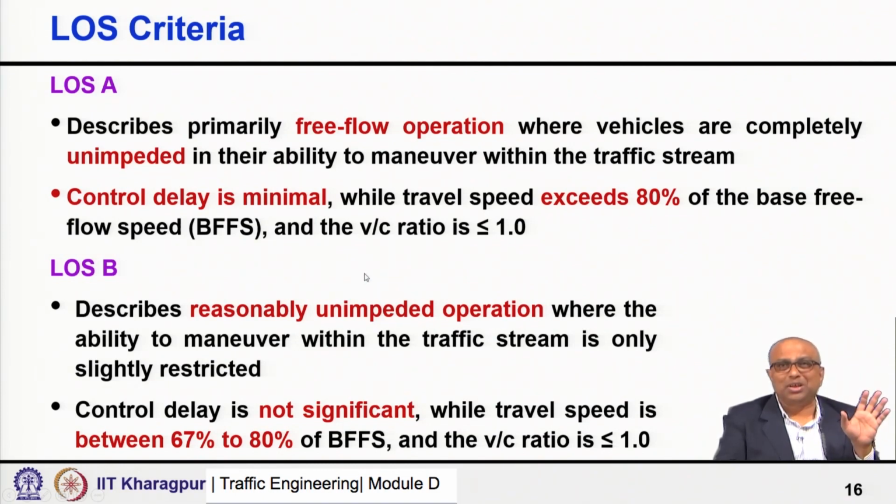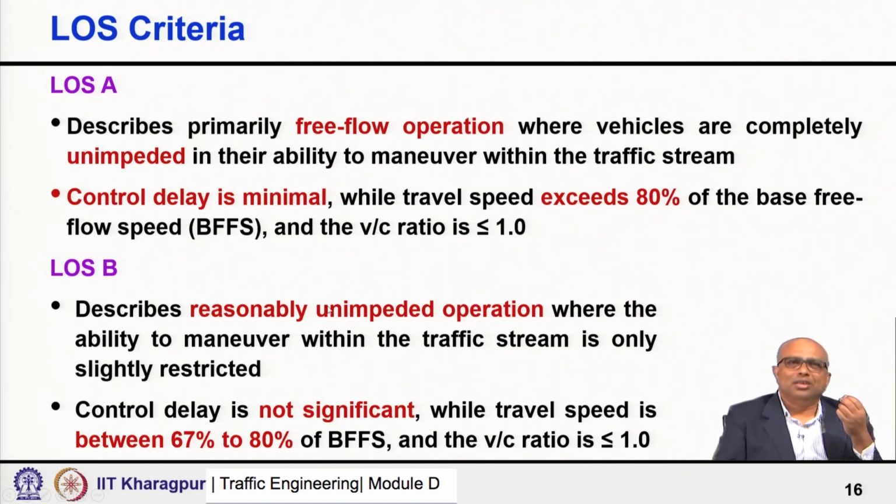You already know BFFS, base free flow speed; we discussed earlier about various other segments. So, here also there is a value for BFFS. So, the travel speed is more than 80% of the BFFS, and obviously for all cases from LOS A to E, V by C ratio is less than or equal to 1. So, for A, B, C, D all cases it has to be less than 1 and E may be near capacity.